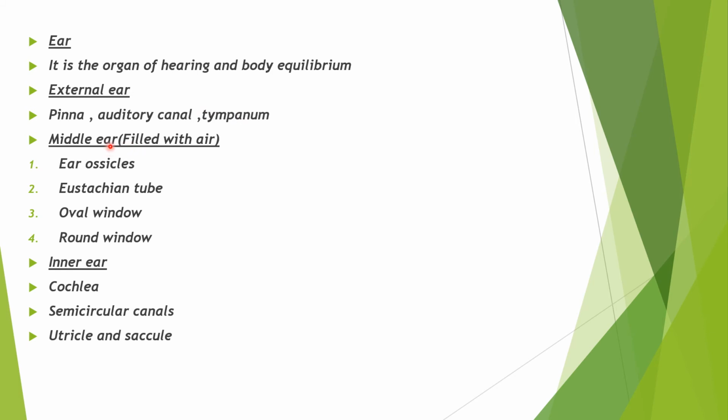The middle ear, which consists of the ear ossicles, the eustachian tube, the oval window, and the round window. And the inner ear, or the membranous labyrinth, or the internal ear, which consists of the cochlea, the semicircular canals, and the utricle and saccule, also called utriculus and sacculus respectively.